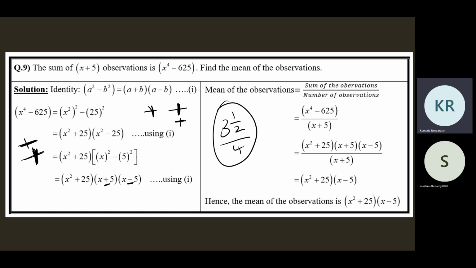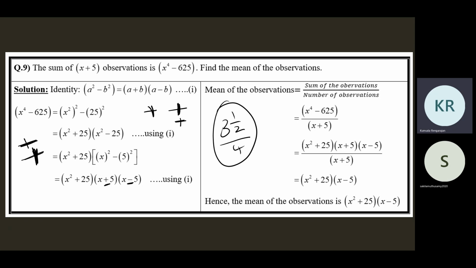No, I'm saying, how can you get that x square minus 5? You don't understand? No, see, let me see. The first step is correct, ma. X square plus 25 into x square minus 25 is correct. The next step is x square plus 25 into... The next step is also correct.